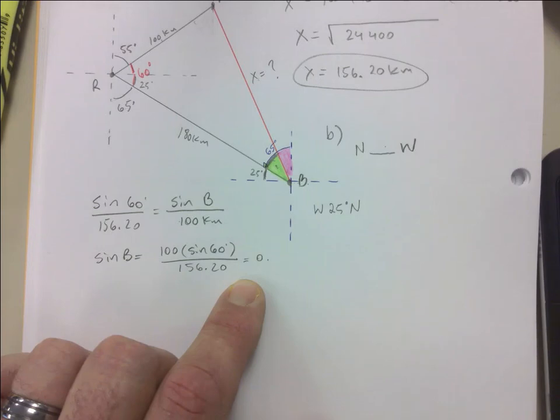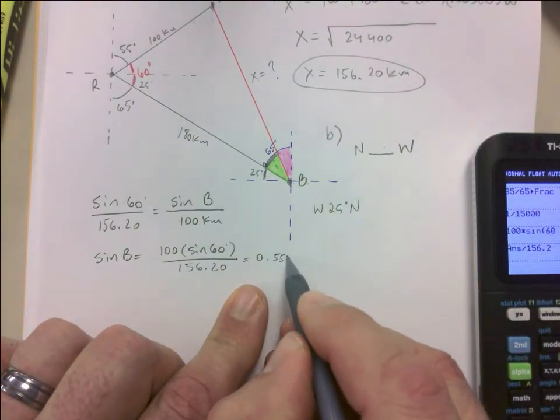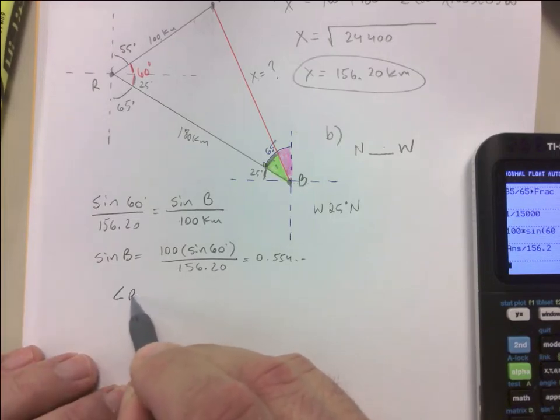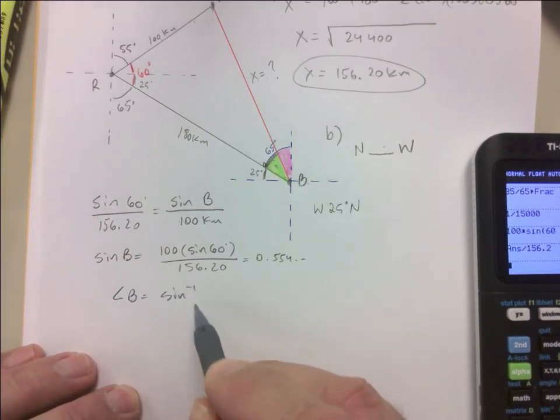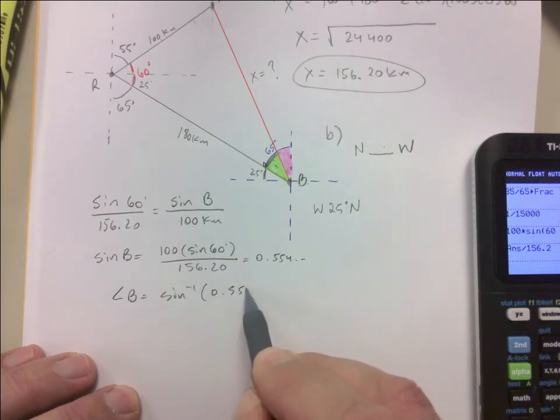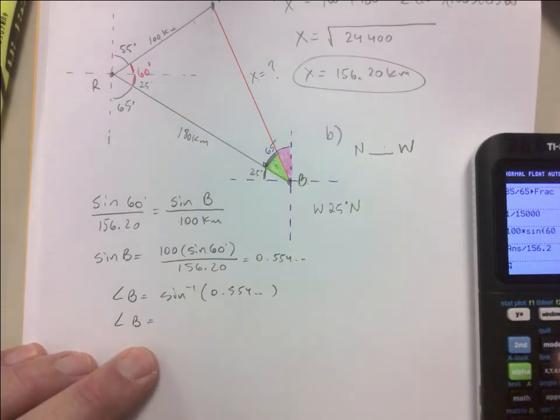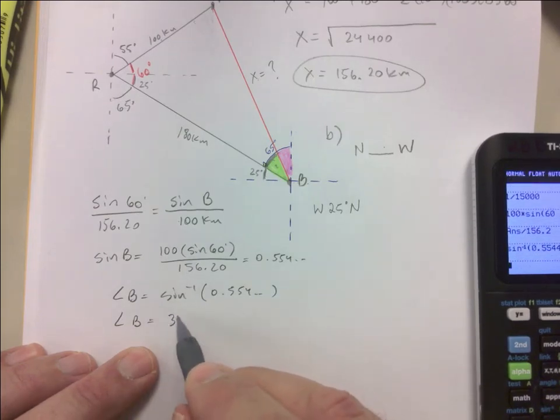Janmar, you got 33 earlier? 33? I remember that part when I looked at your work. So that's 0.554 something. And so angle B is sine inverse of that. And that is 33.67.